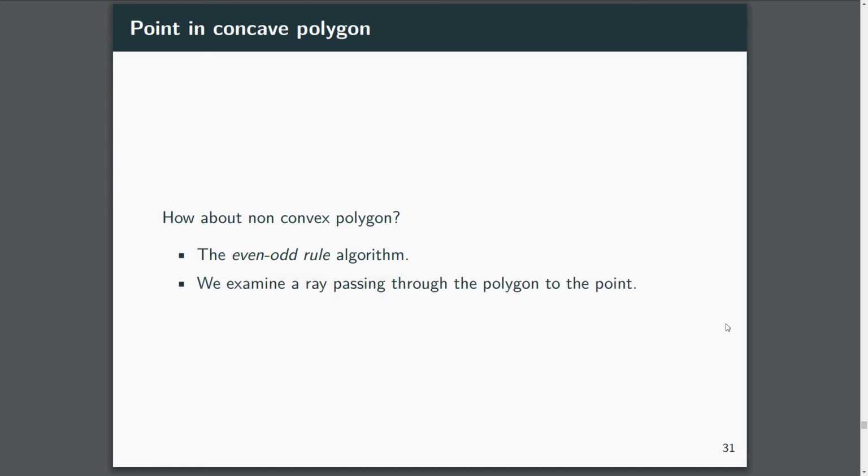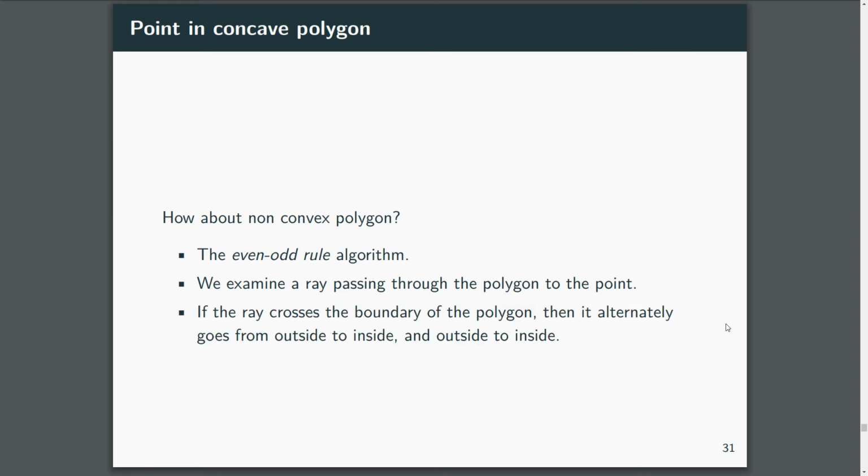You examine some ray which is passing through the polygon to a point. If the ray crosses the boundary of the polygon, then it alternately goes from outside to inside, and inside to outside, and then outside to inside again.